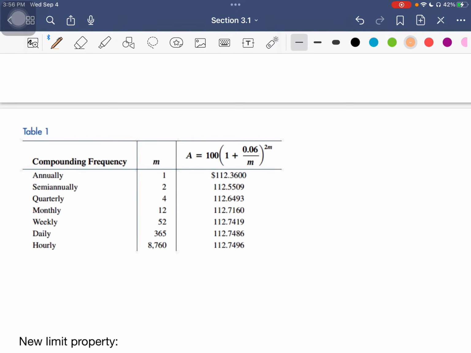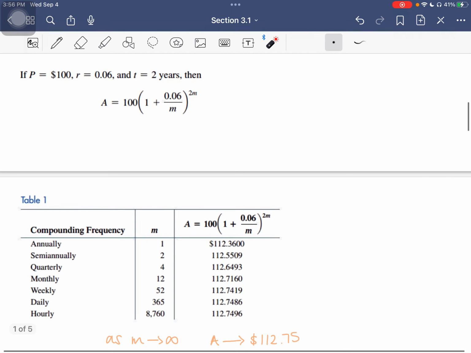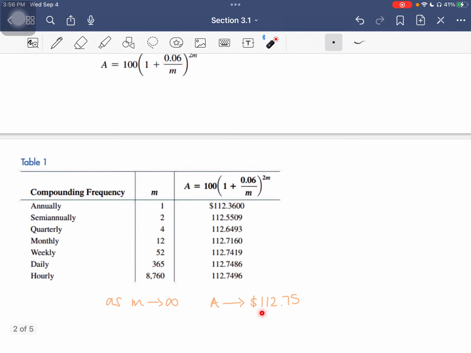So as we make M get bigger and bigger, so approach infinity, our amount A is getting closer and closer to this much here. Therefore, to go back to our original question, it looks like A is tending to approach a limiting value, which is this here.